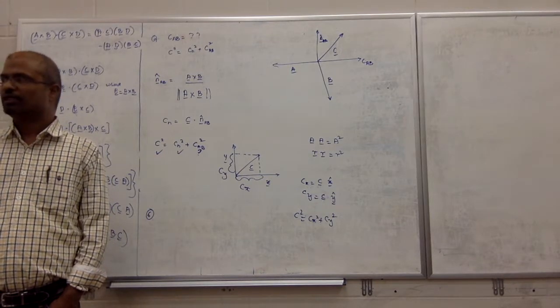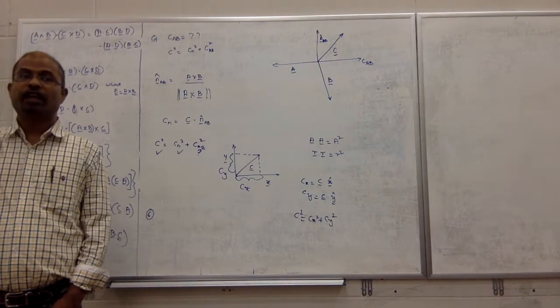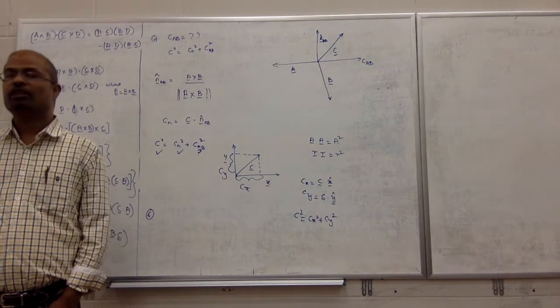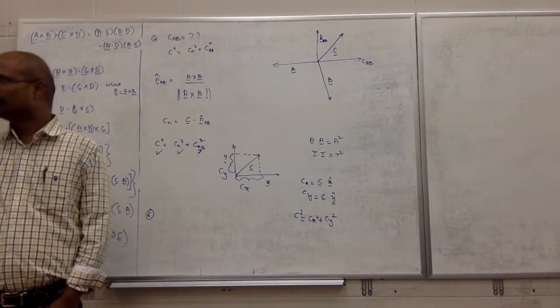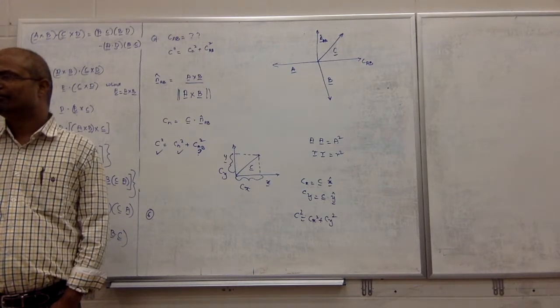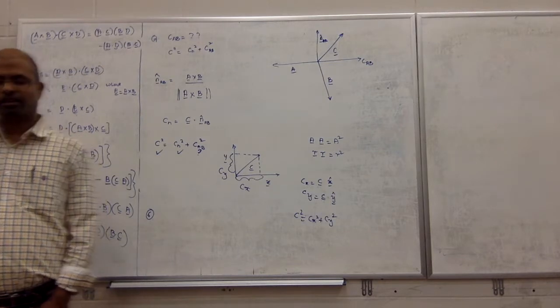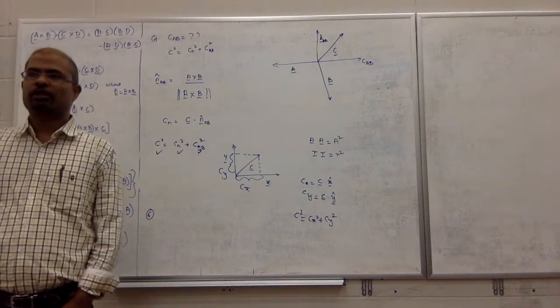If you take the dot of that perpendicular vector with any of the 3 vectors, it should be 0. Why? Because it is perpendicular. Why is the dot product of 2 perpendicular vectors 0?